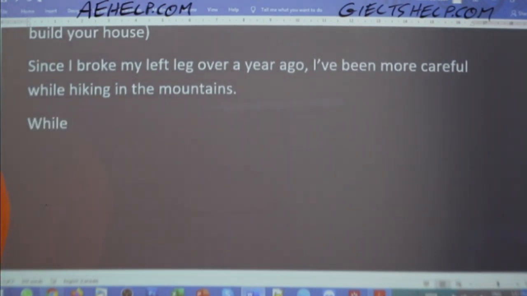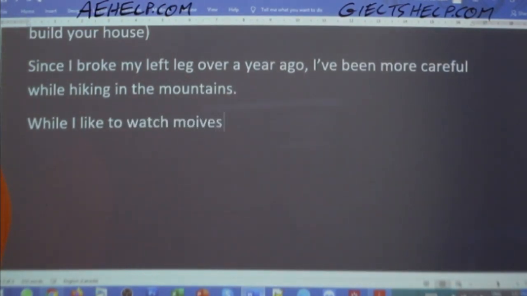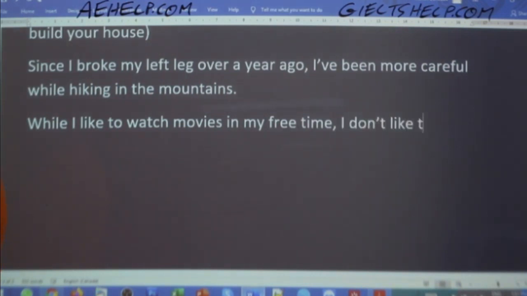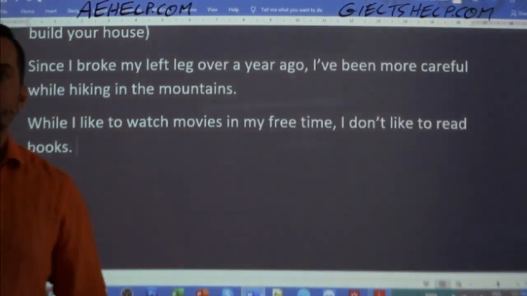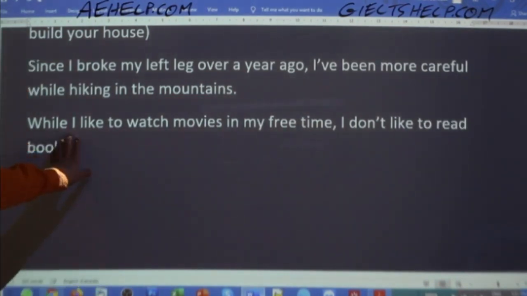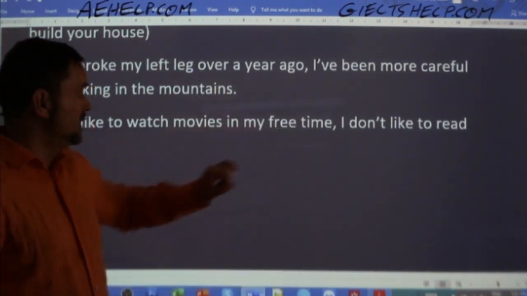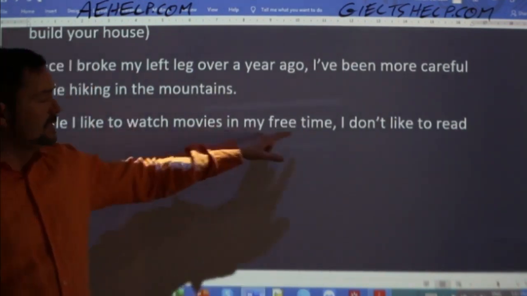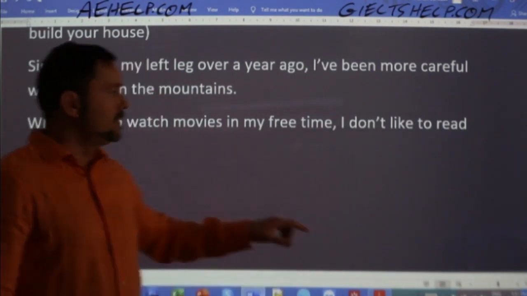While I like to watch movies in my free time, I don't like to read books. Okay? So again, here there's a relationship of time. I'm even using the word free time. So while I like to watch movies in my free time, I don't like to read books.